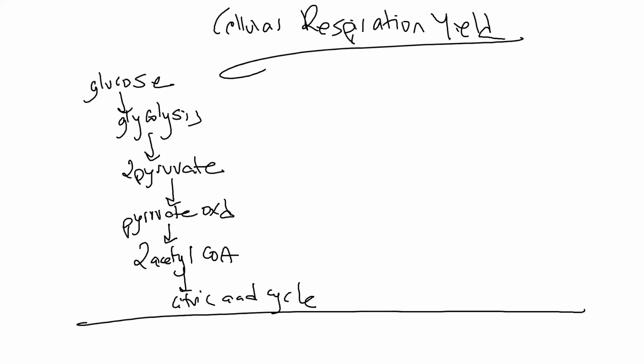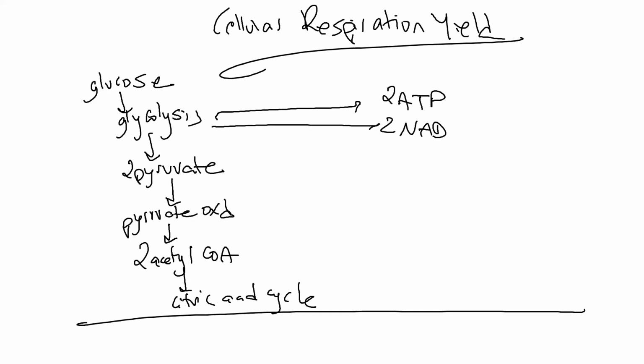Okay, so glycolysis will produce, by substrate level phosphorylation, 2 ATP, as we said, and 2 NADH, 2 pyruvate and 2 H2O.